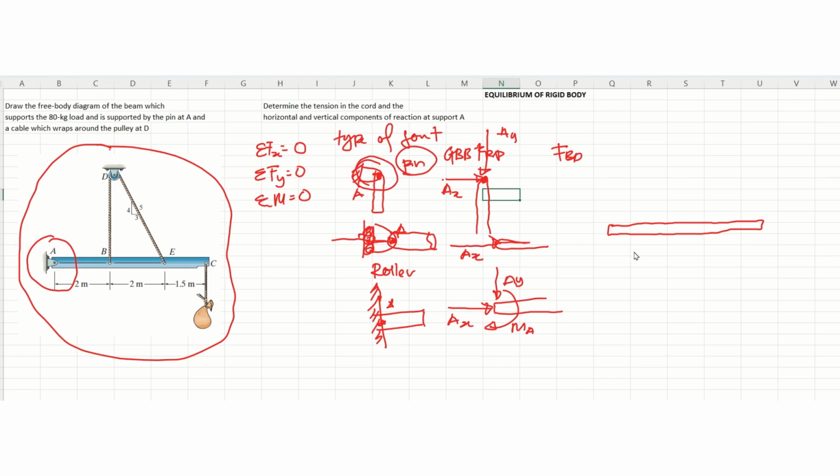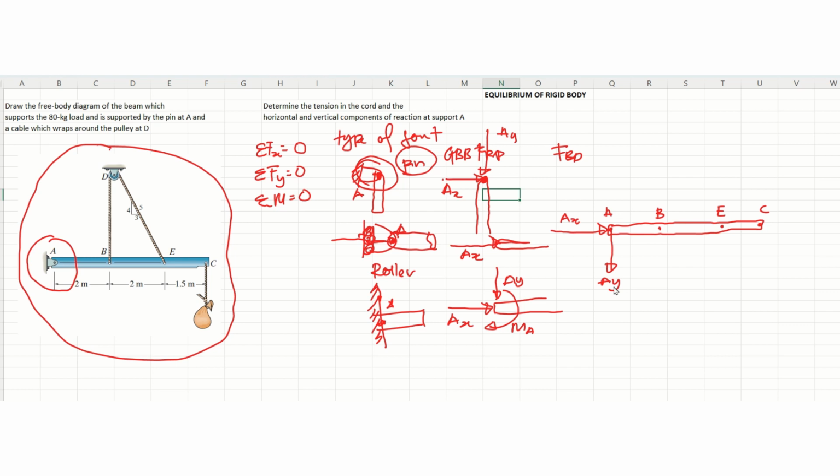Dimensions we should write down or put on our drawing. This is the beam. This is A, this is B, this is E, and at the end is C. Because point A is a pin, it has two directions, AX and AY.